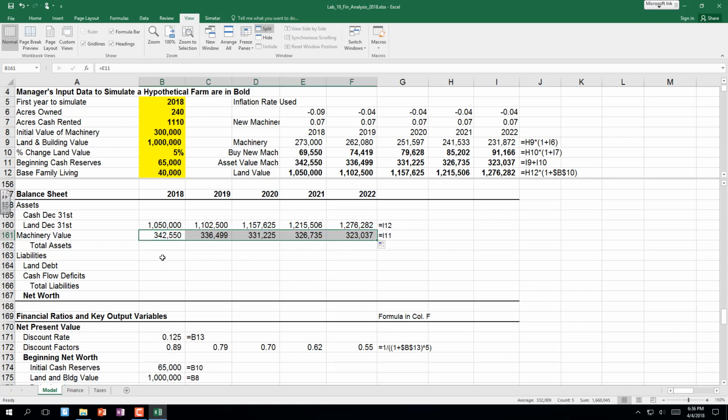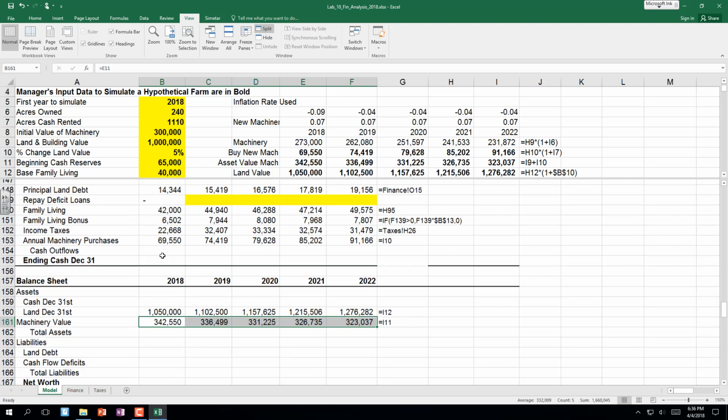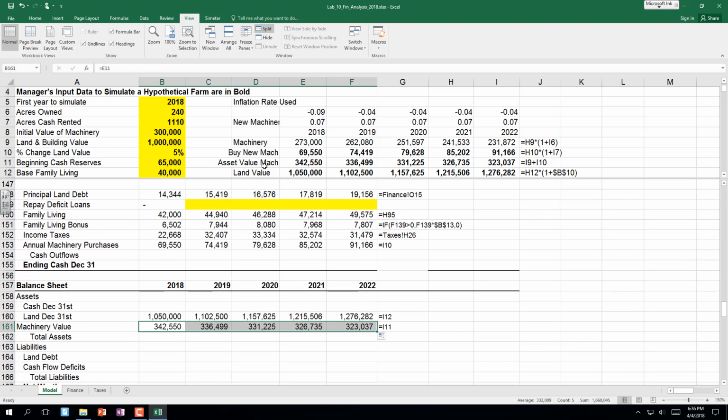So that was buy, that's buy. Those are my three numbers that I needed to bring down here from that. Once you've done that, hit F2 to make sure you brought them in correctly.